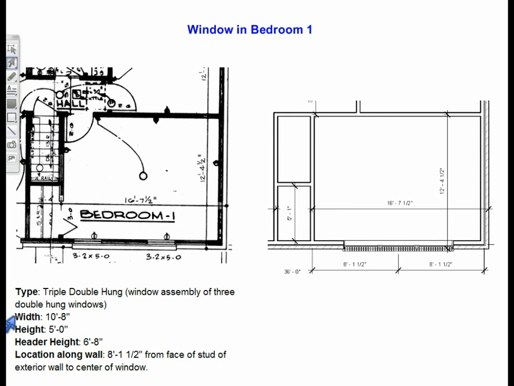You will use a width of 10 feet 8 inches for this window. The height of this window assembly is 5 feet.